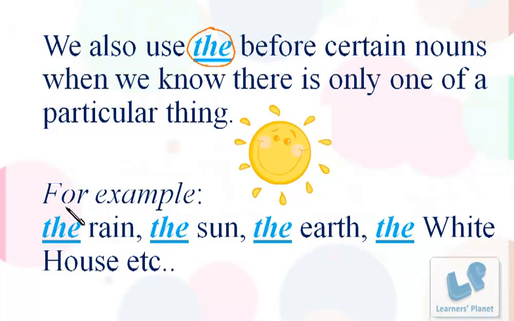So over here, all these things, the rain, it's only one. Like there aren't various things known as rain. The sun is also similarly only one. Only one sun exists. Only one earth exists, etc. So we use the before certain nouns when we know only one of that kind exists.